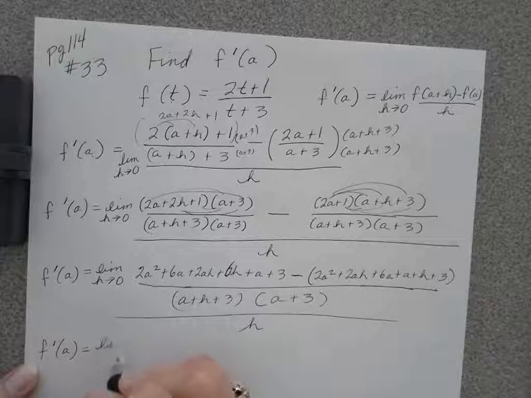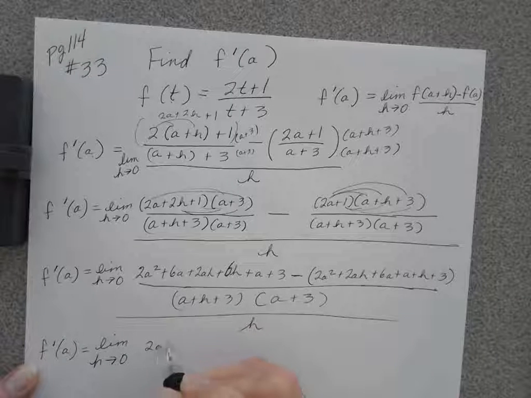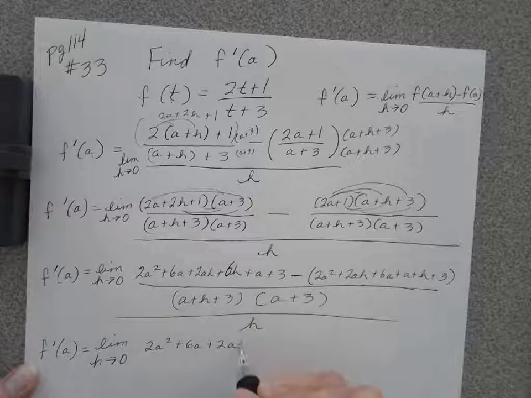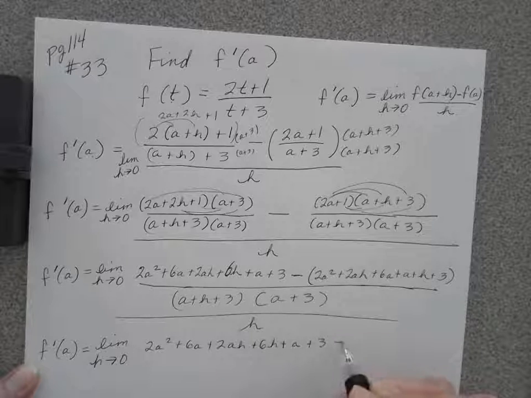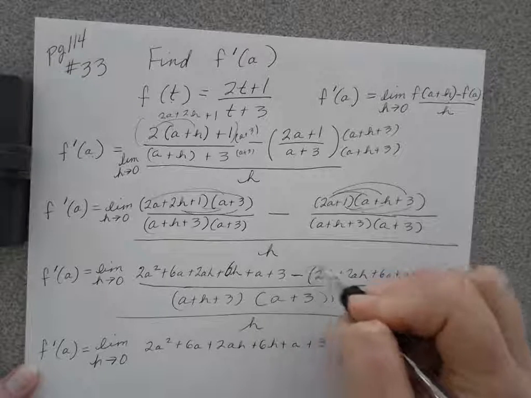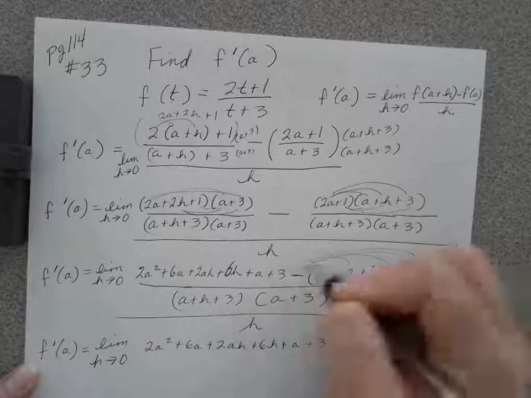So f prime of a equals the limit as h approaches 0 of, in the numerator, 2a squared plus 6a plus 2ah plus 6h plus a plus 3 minus, so now I'm distributing this negative through to all of those.